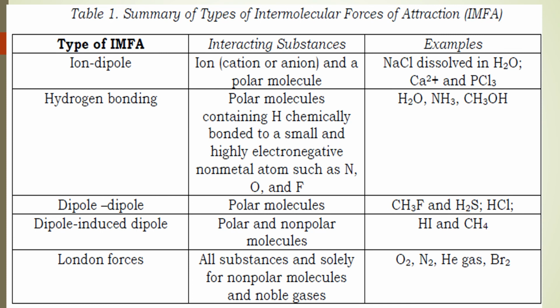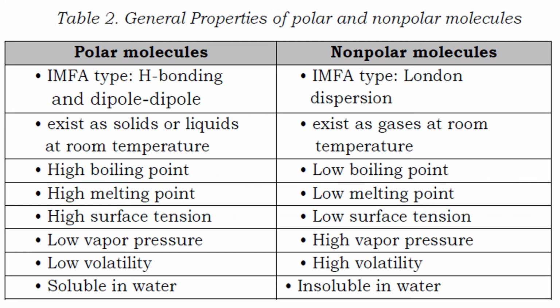So you have here the summary of the types of intermolecular forces of attraction. So try to familiarize yourself with all of this: the type of IMFA, the interacting substances, and the examples. For you to be familiar, please try to put this in mind.